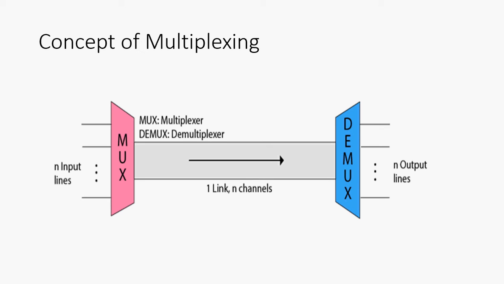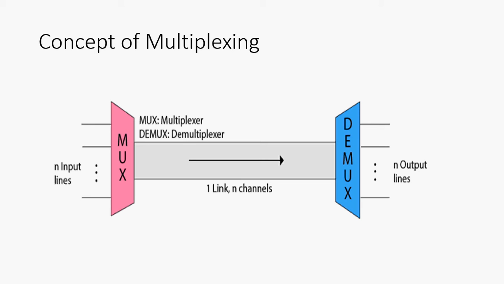That single output is transmitted over a single link using multiple channels to the demultiplexer. The demultiplexer accepts the single input, generates the appropriate outputs through the demultiplexer unit, and transfers them to particular channels. So this is the basic concept of multiplexing.